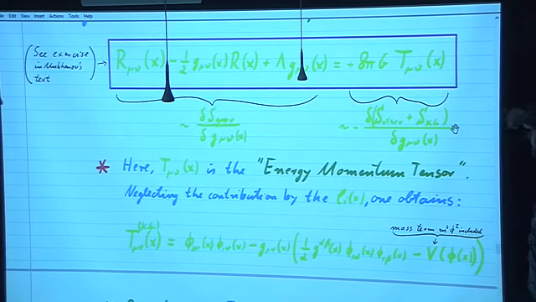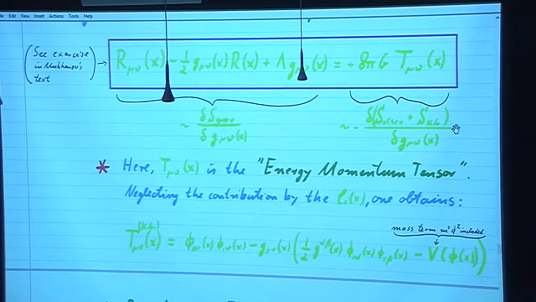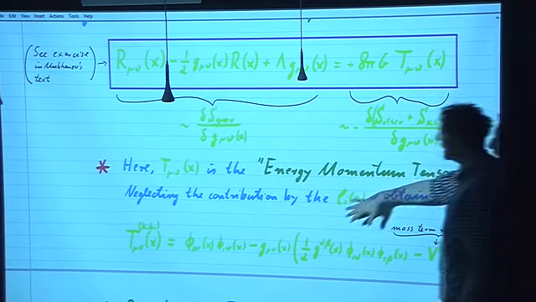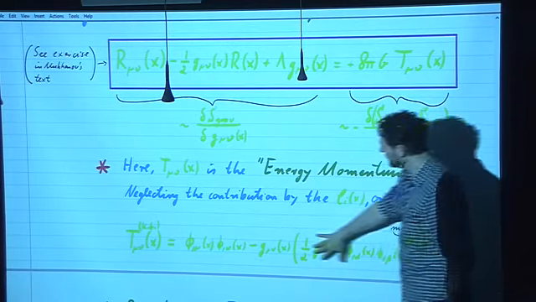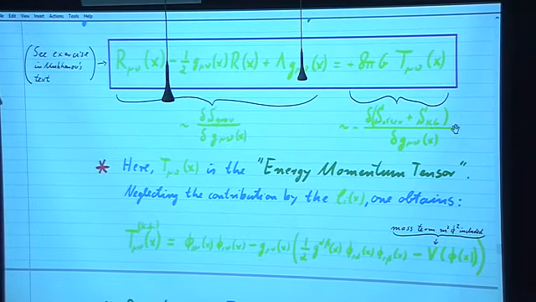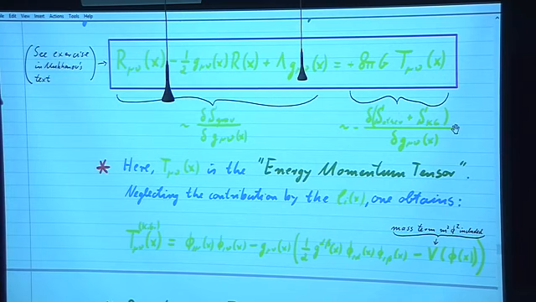It will contribute to the energy density and to the pressure. And if you now look at the Klein-Gordon field's energy momentum tensor, then you will see that the potential contributes in the same way that the cosmological constant does.